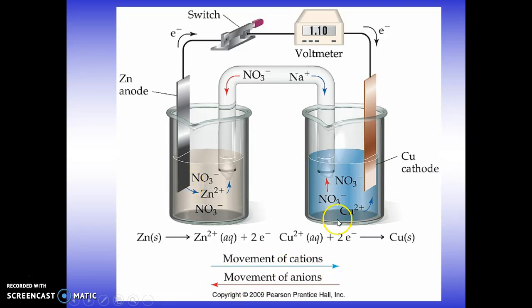So within the salt bridge, we've got cations flowing in the same direction as the electrons. We've got the anions flowing in the opposite direction as the electrons. And so you can see, if you follow the flow of negative charge, you have a cycle of negative charge. So that's how you wind up getting a battery to work.